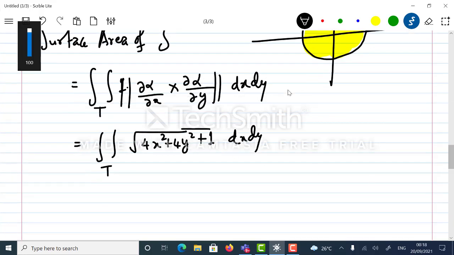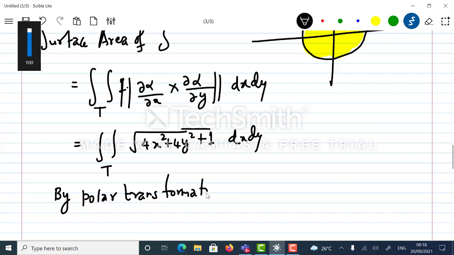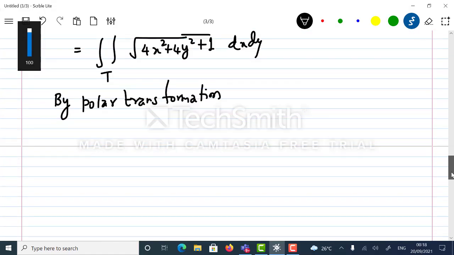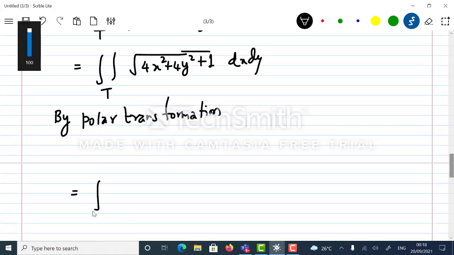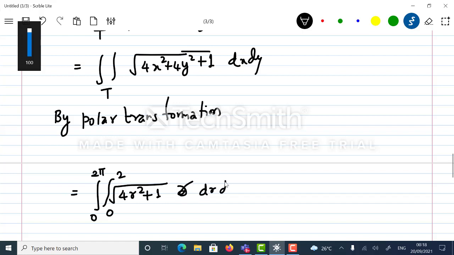Okay, so you can use the polar transformation. By polar transformation, your x is r cos theta, y is r sin theta, r is 0 to 2, and theta is 0 to 2 pi. Here you will have under root of 4r square plus 1, and r is 0 to 2, and the Jacobian is r dr d theta.